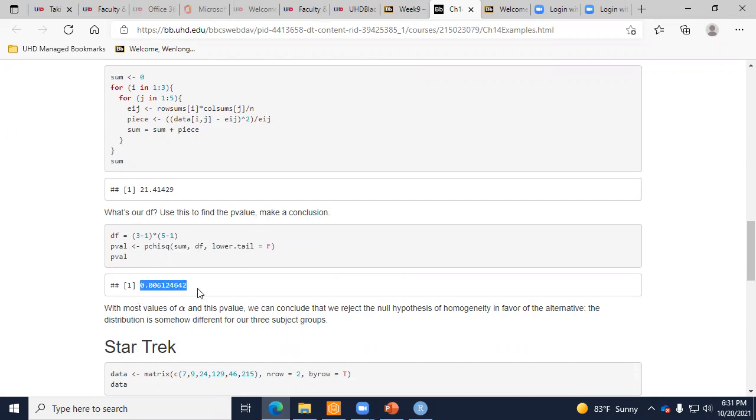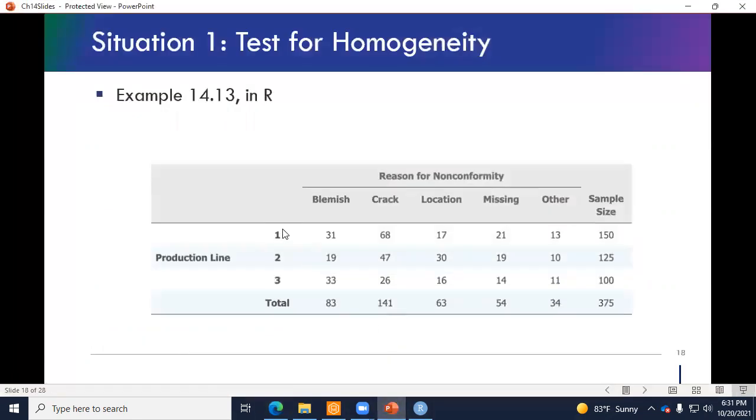For most alpha, like 0.05 or 0.01, this p-value would be smaller than that. So we reject the null hypothesis of homogeneity and favor the alternative. That means the distribution is somehow different across the 3 production lines.